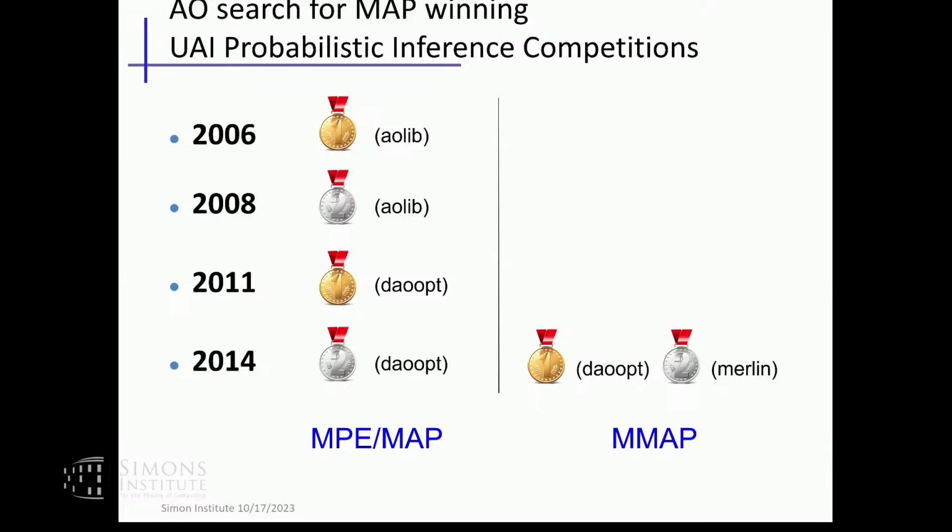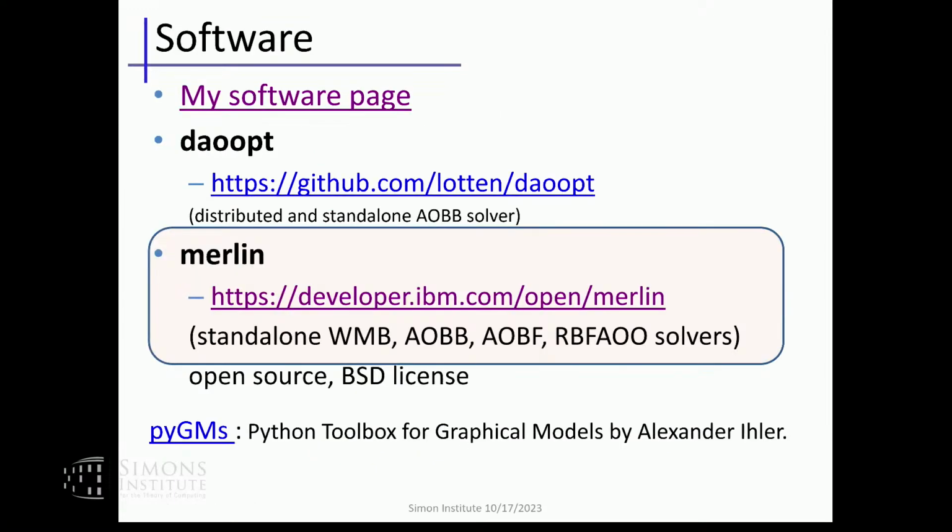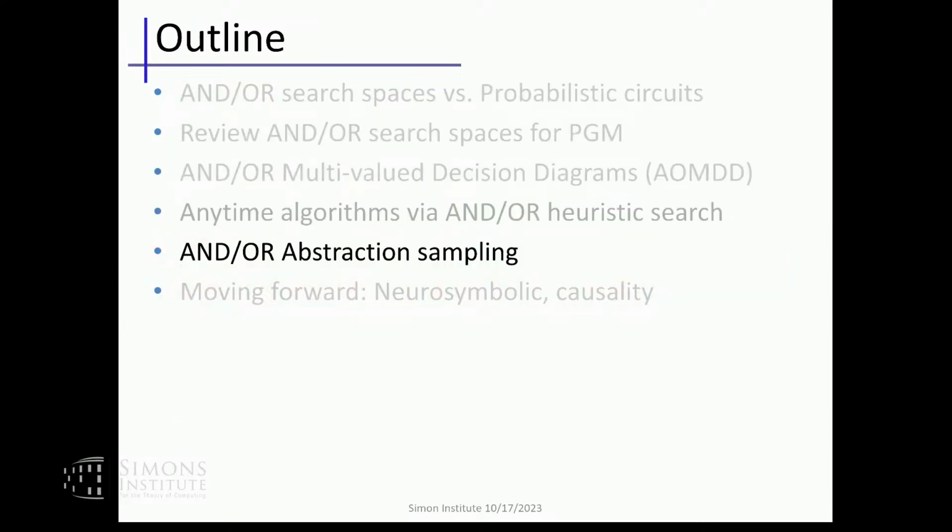Comparing with other people who have developed anytime algorithms, we were able to show that our algorithms are pretty strong. And you can find the software of all the algorithms that we are developing on my software page. If there are any questions, you can ask.